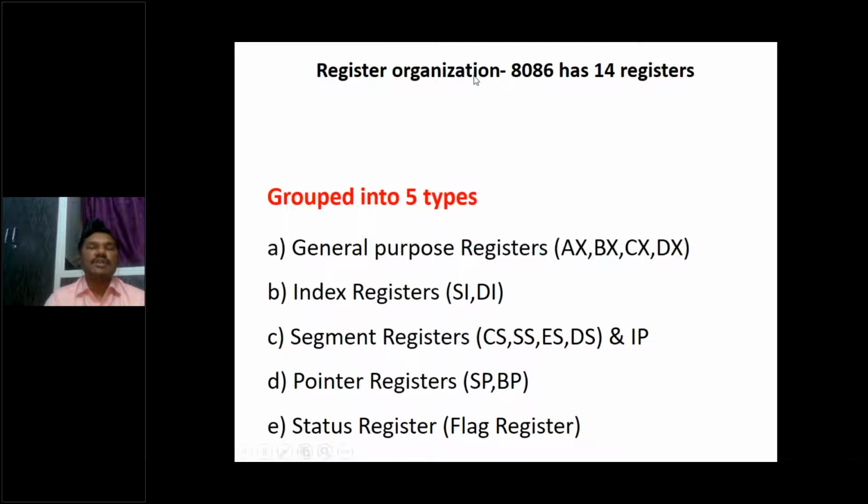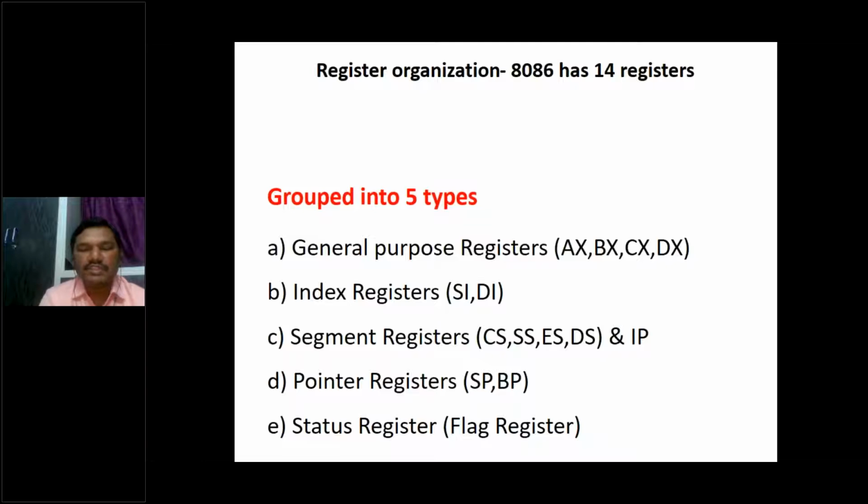In 8086, we have 14 registers, and these registers are grouped into 5 types: general purpose registers, index registers, segment registers, pointer registers, and the status register. General purpose registers are AX, BX, CX, DX. Index registers are source index and destination index. Segment registers are CS, SS, ES, DS, and IP. IP is the instruction pointer.